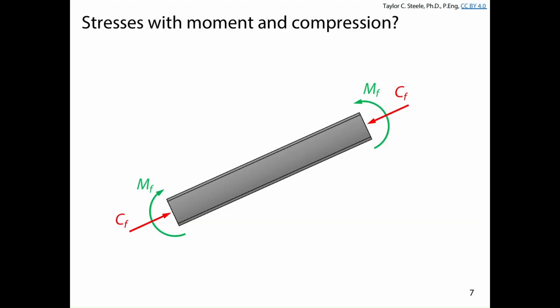Where is the maximum normal stress going to be on this cross section? If we were to sketch the cross section, where's the maximum normal stress going to be? Well, if we look on a plane through here, we've got a compressive stress, which is going to cause a stress distribution something like this. And if we've got a bending moment, we're going to have a stress distribution something like this, right?